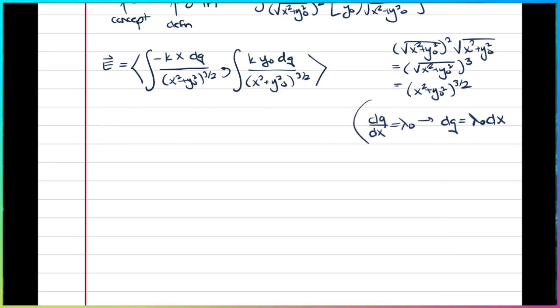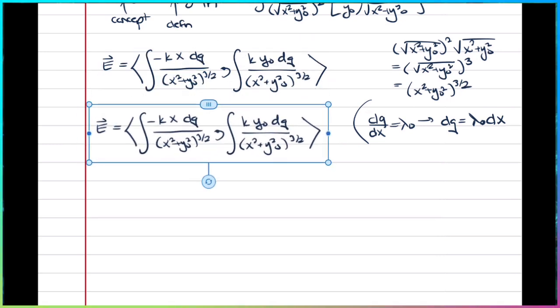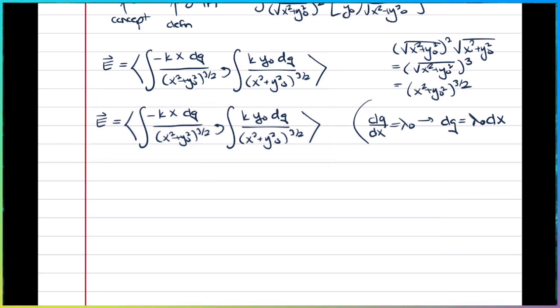All right, so then the dq gets replaced with lambda naught dx, lambda naught dx.